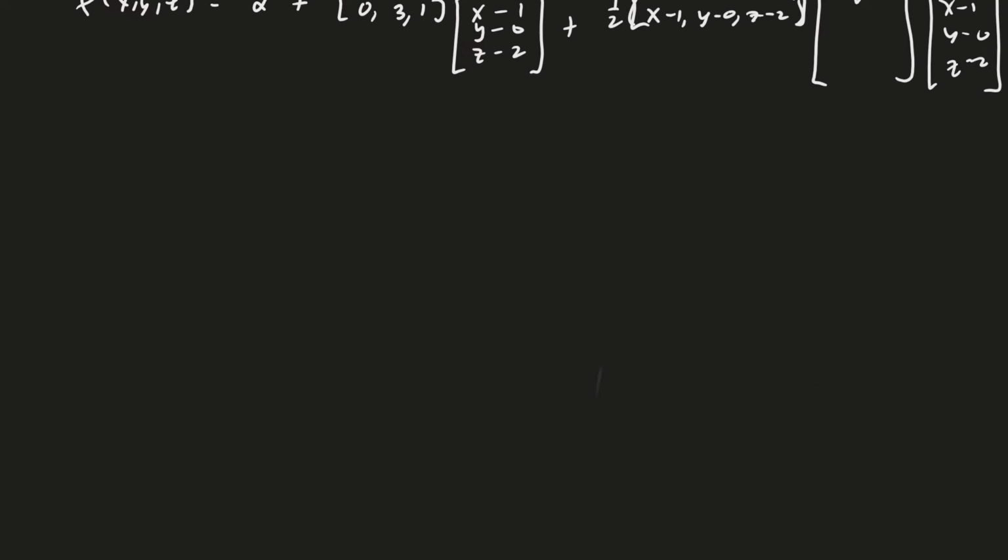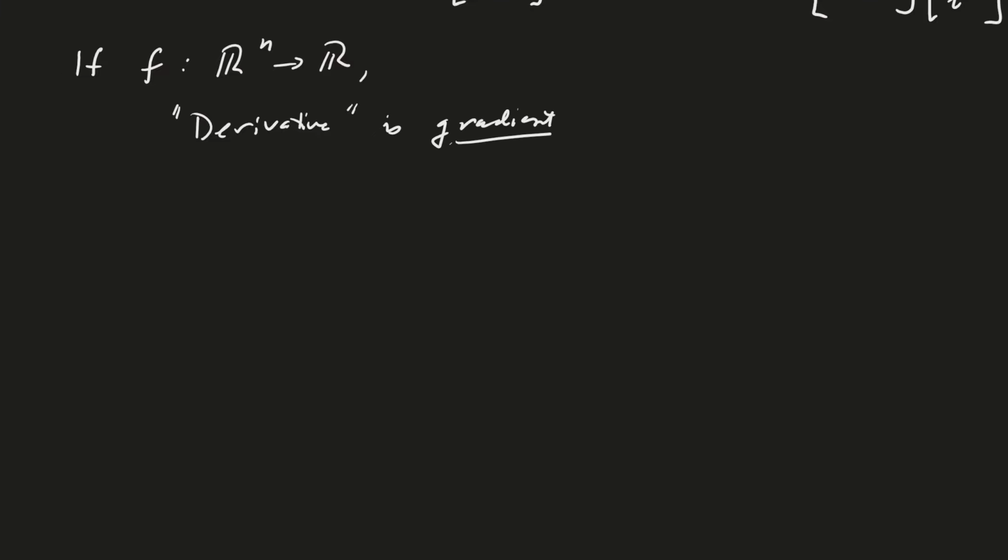Okay, just to summarize what we saw here, if f maps Rn to R, then the derivative, what we're calling the derivative, is the gradient, delta f, and so that's going to be our matrix, or our vector of partial derivatives.